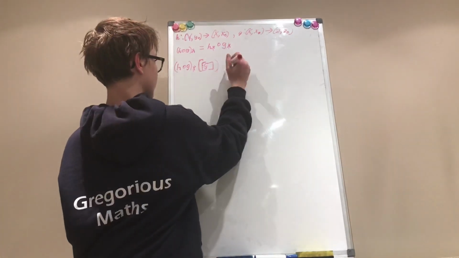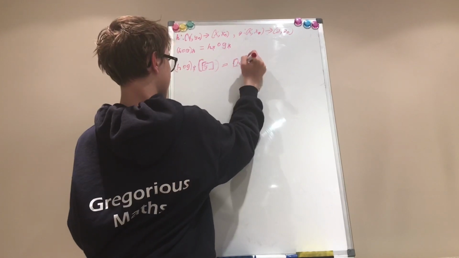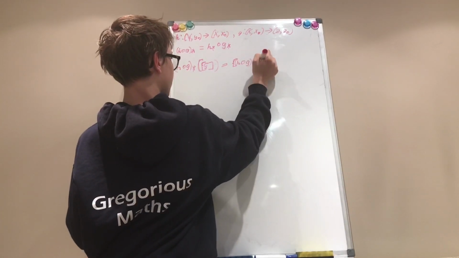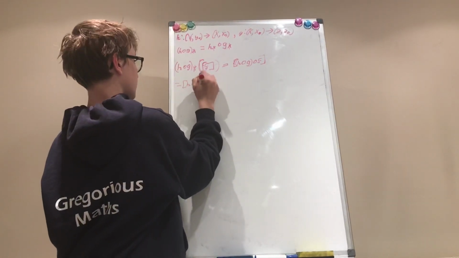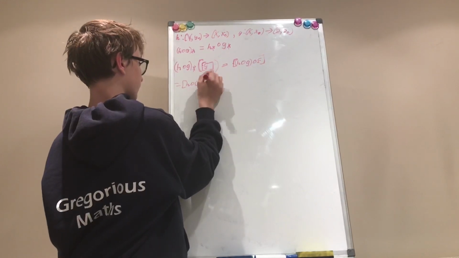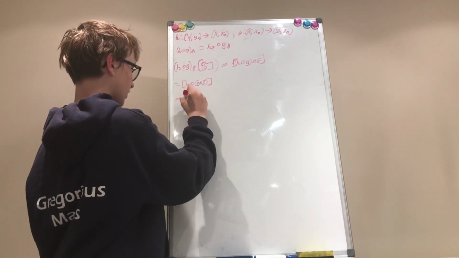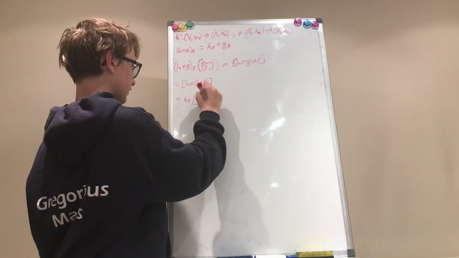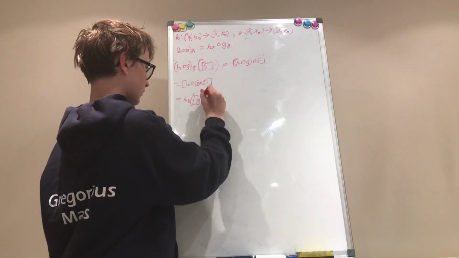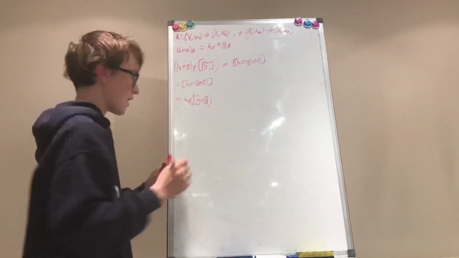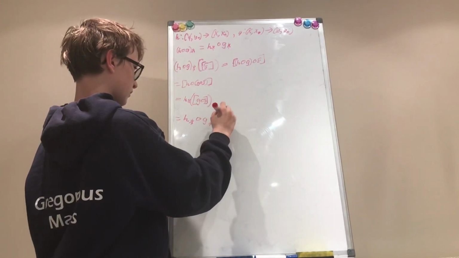Now by the definition, this is equal to the equivalence class of H composed G composed f, which is equal to the equivalence class of H composed G composed f, and this is equal to H star of G compose f, and this is equal to H star compose G star of f.